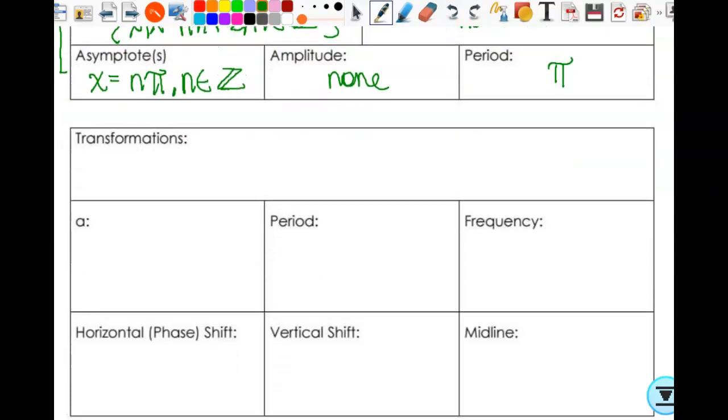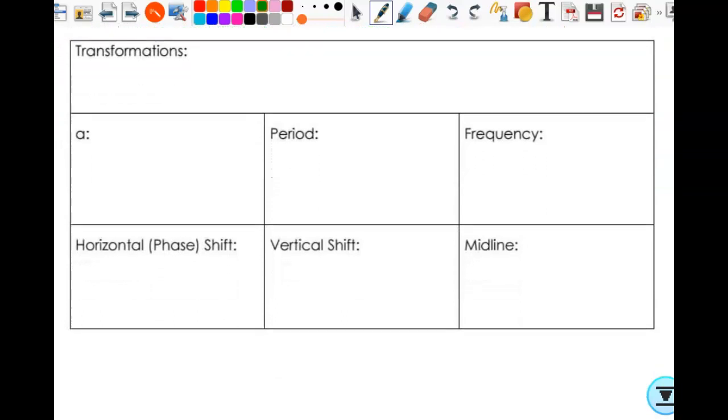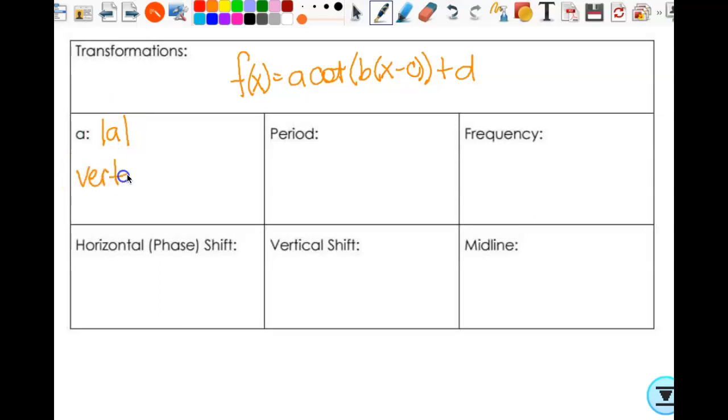All right. Our transformations. f of x is equal to a times the cotangent of b times x minus c, plus d. A is still the absolute value of a, and it's still your vertical stretch or compression.